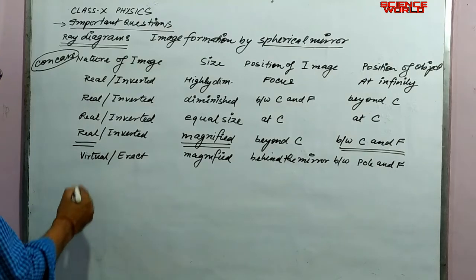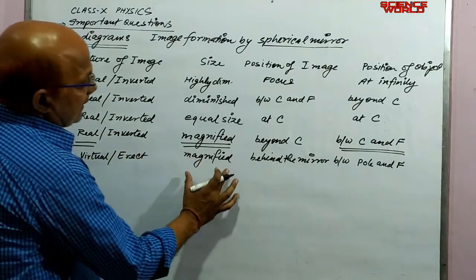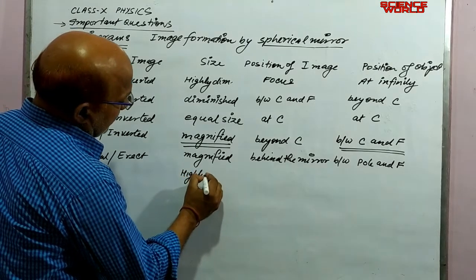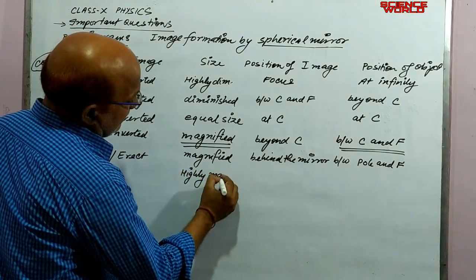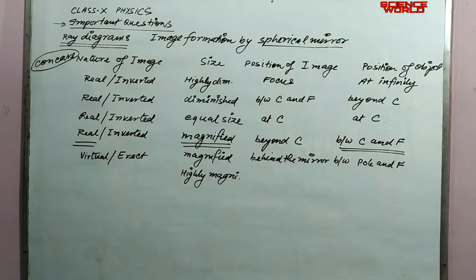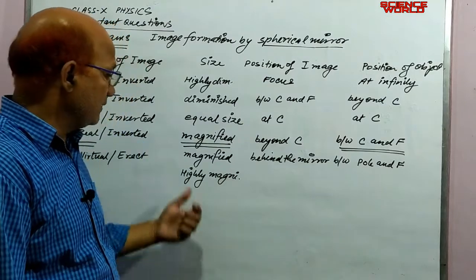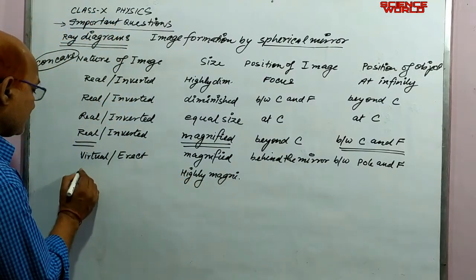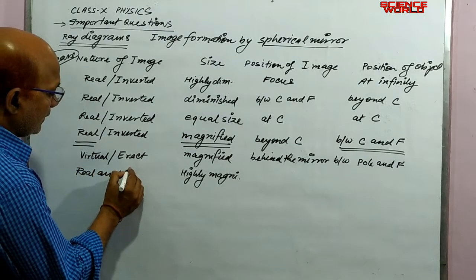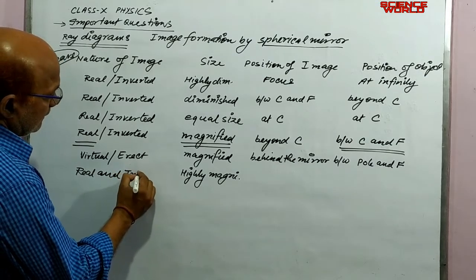And now one more case. The image is highly magnified. Okay. Where do you place the object to get a highly magnified image, which is also real and inverted?